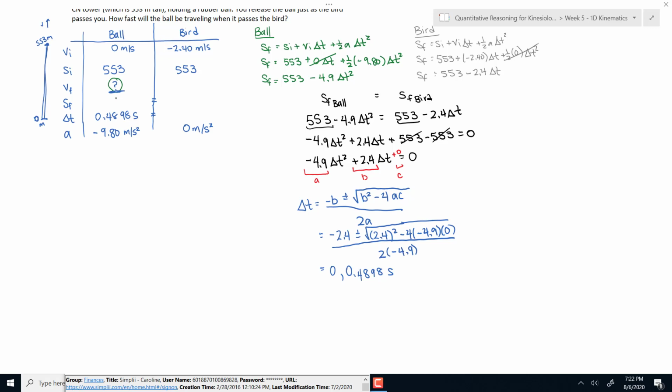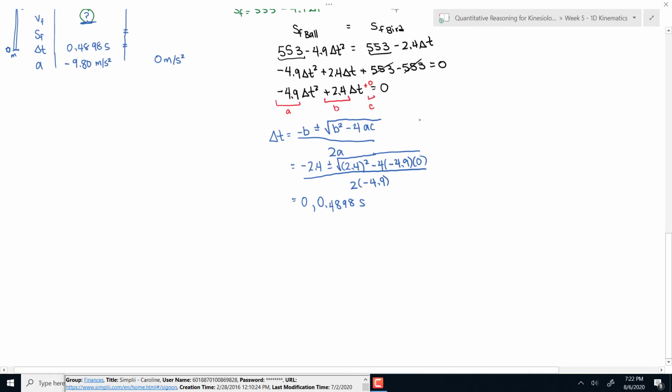We don't know the delta S over here. We know the initial position, but we don't know the final position because the ball's not hitting the ground. We want to know how fast is the ball traveling when it passes the bird. The bird is just somewhere here. We don't know, somewhere between the top of the CN Tower and the ground. We don't know exactly where. So we don't know SF, so we don't want an equation that has SF or delta S in it.